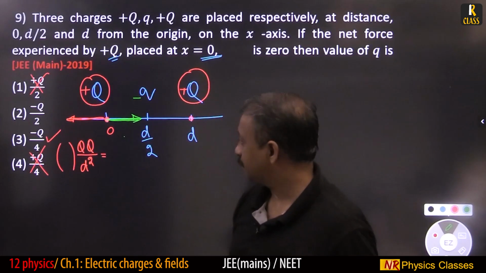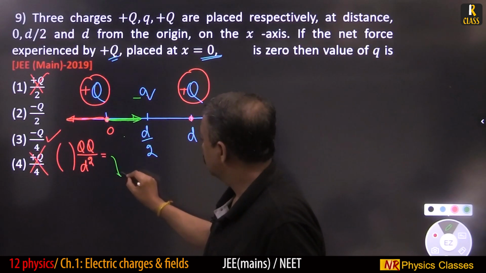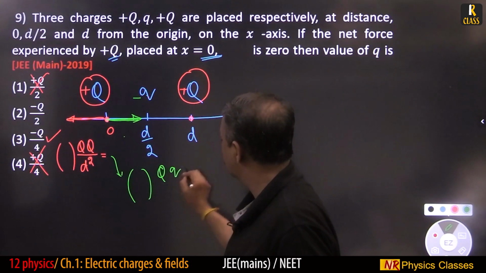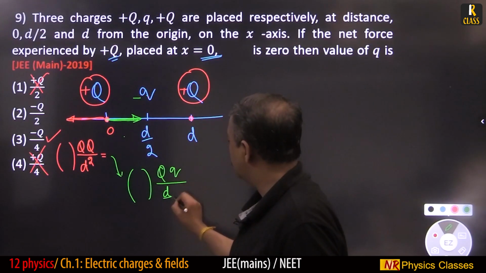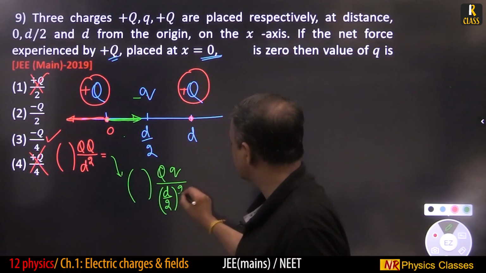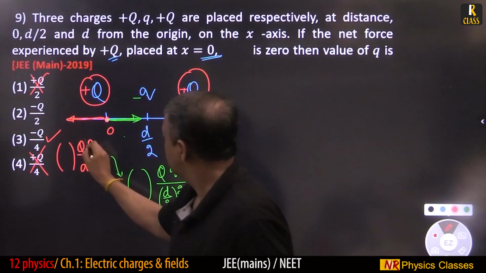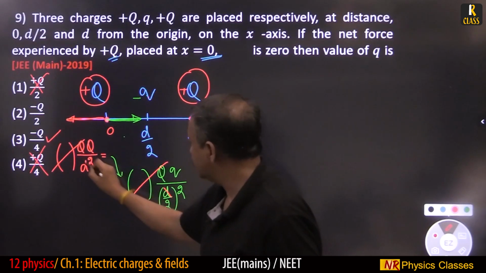This is the opposite force, and this force is between these two charges. Constant times Q, q by d by 2 the whole square. The distance between these two is d by 2. Now this should be equal to this: constant Q, d square, d square.